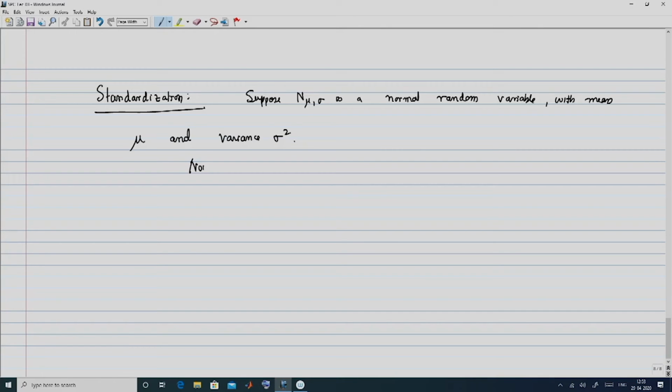Now we construct a new random variable. So we take the random variable n mu sigma, we subtract mu and divide by sigma, and we call this random variable z.